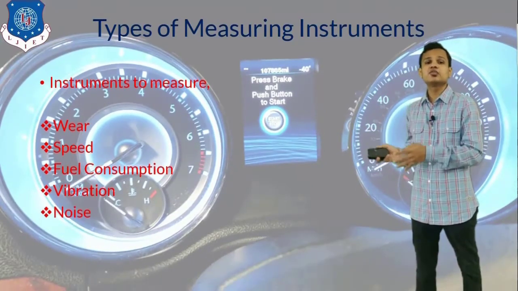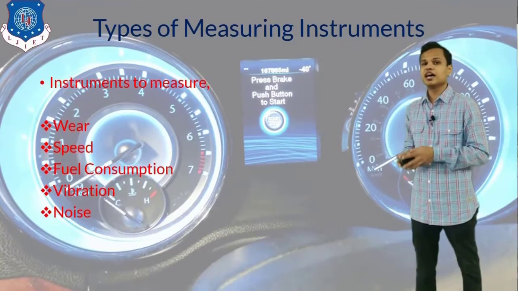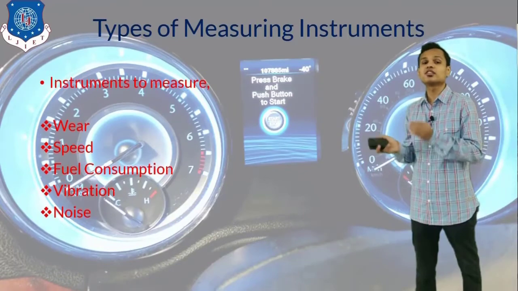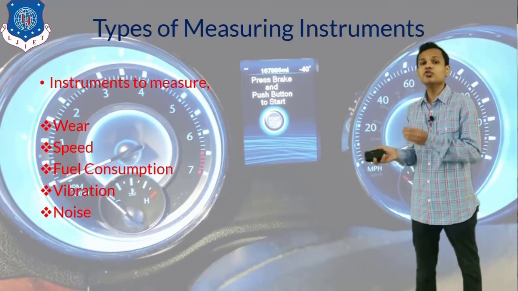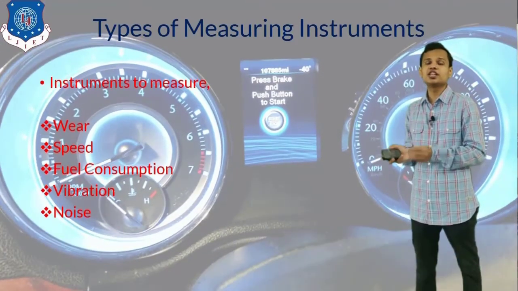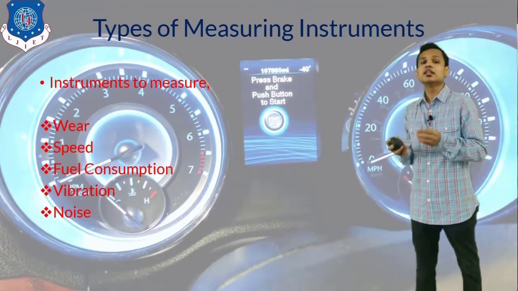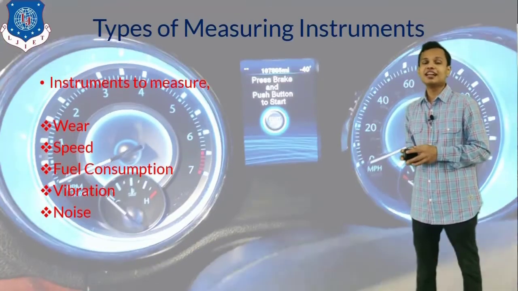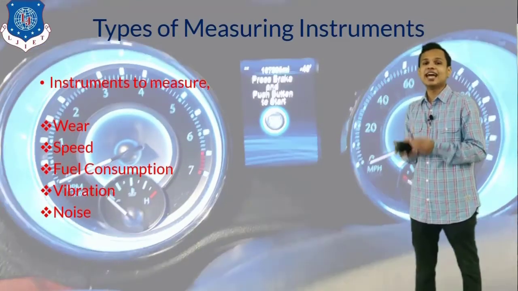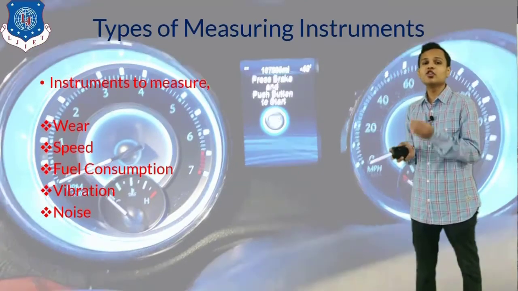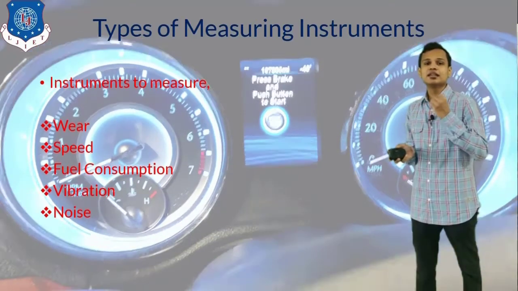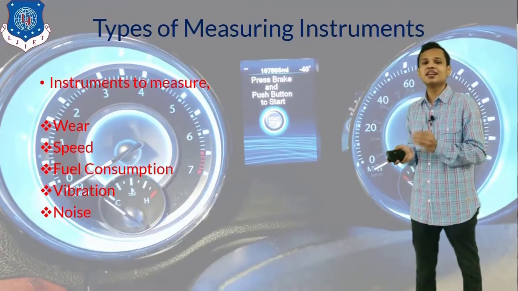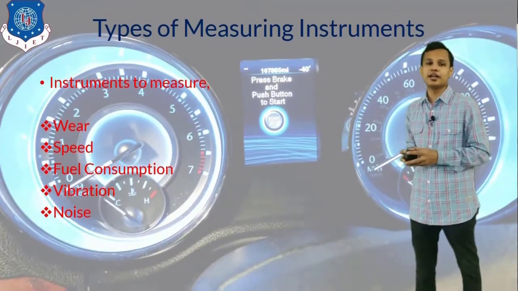Next is the instrument required to measure noise. Noise is created in the engine and also in the different components, but due to the isolations provided in the vehicle, the noise doesn't reach the compartment of the driver and passengers. That noise is important to isolate so that the driver doesn't feel continuous or large noise in his ear, and comfort is provided.